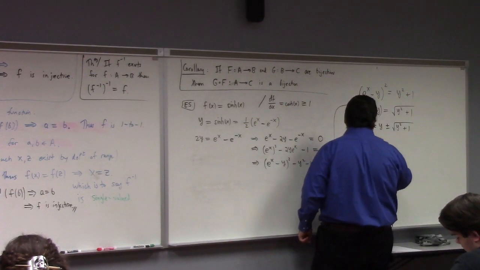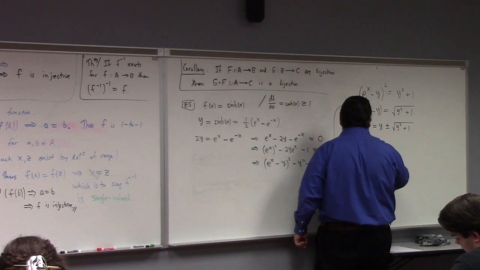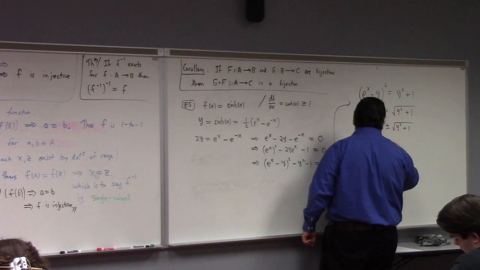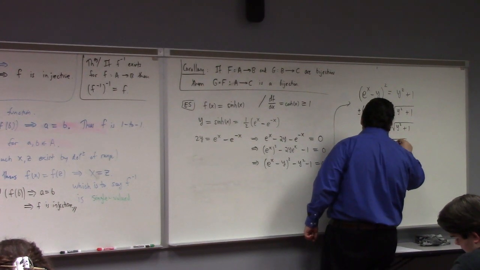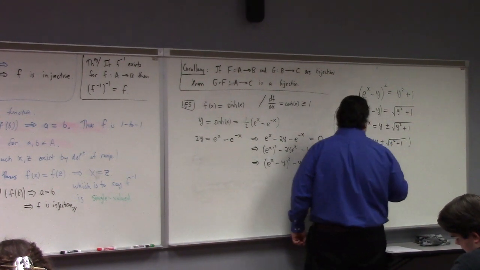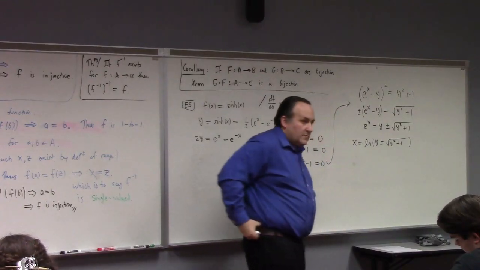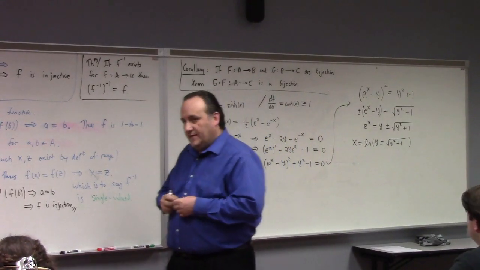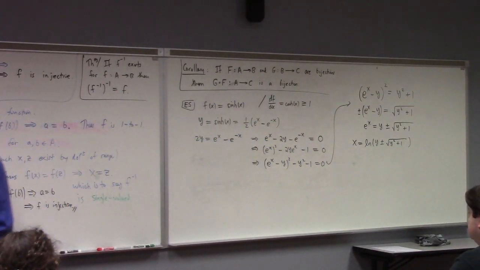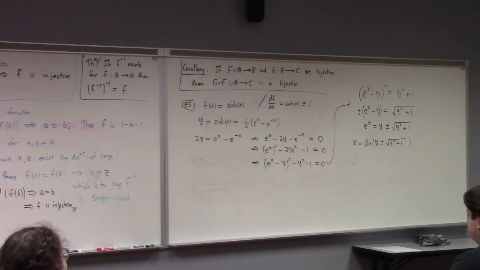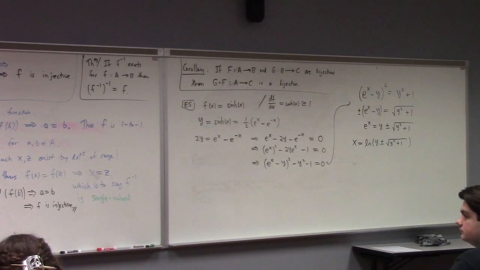Which then, taking the natural log of both sides, gives me that x is the natural log of y plus or minus the square root of y squared plus 1. Search your heart. Find that only one of those is real, because we can't take the log of a negative number, yes?